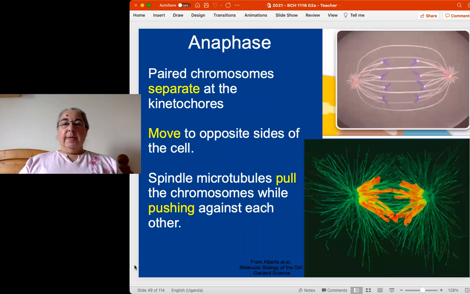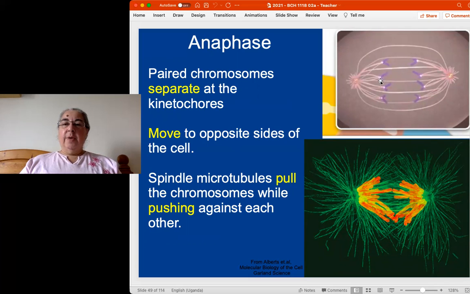Okay, next stage is anaphase, which is where we see the actual movement of the chromosomes towards the spindle poles. So to move in opposite directions, the two sister chromatids have to become separated where they were joined at their centromere.